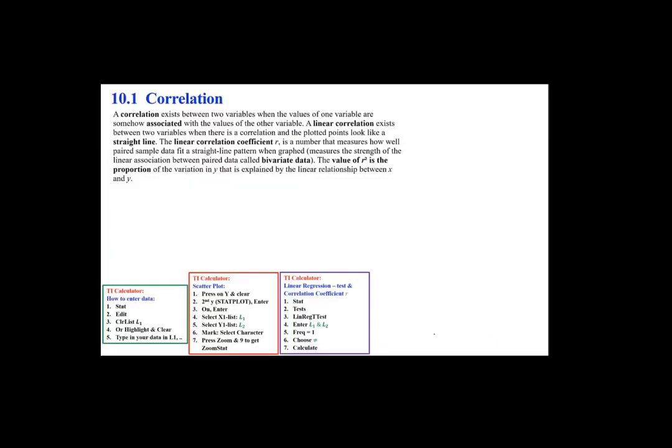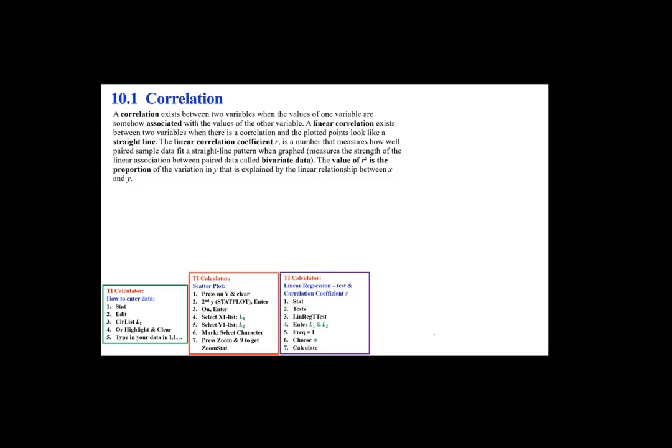A correlation exists between two variables when the values of one variable are somehow associated with the values of the other variable. We are going over the synopsis of this again. A linear correlation exists between two variables when there is a correlation and the plotted points look like a straight line. The linear correlation coefficient R is a number that measures how well paired sample data fit a straight line pattern when graphed.